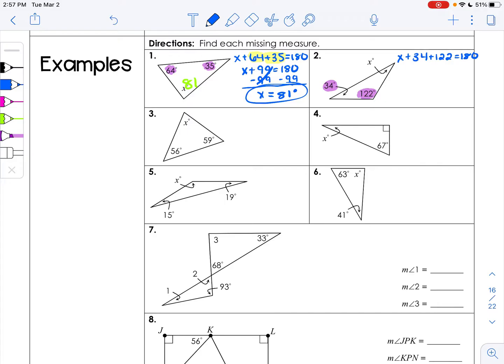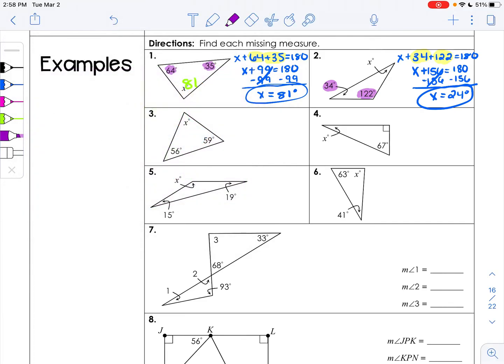Then I can use my knowledge of solving equations to combine like terms, 34 plus 122. That would give me x plus 156 equals 180. I can then subtract 156 from both sides, which gives me x equals 24 degrees.